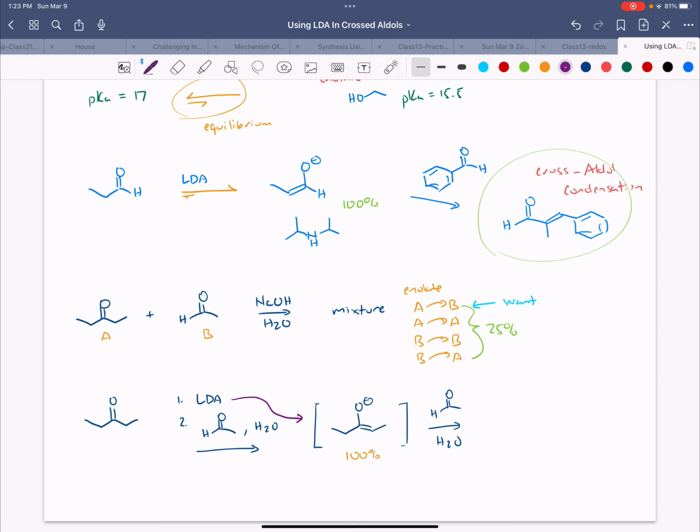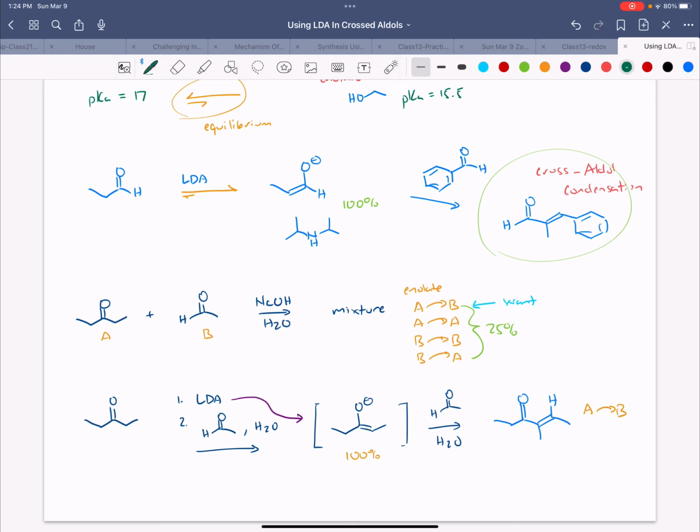The second reaction, we bring in our aldehyde, and we finally get this molecule here, like that. That is A attack B.